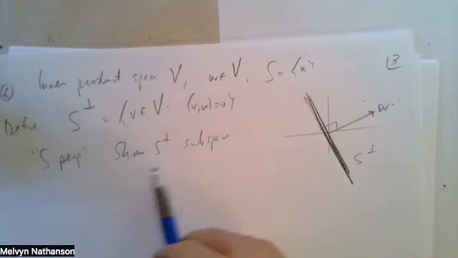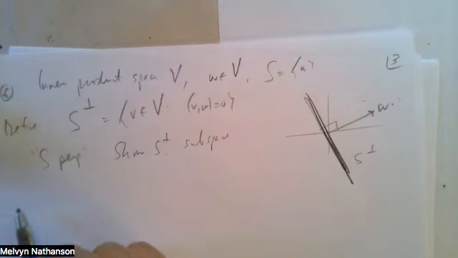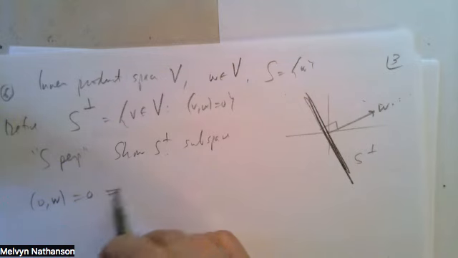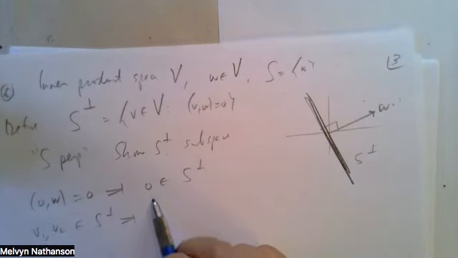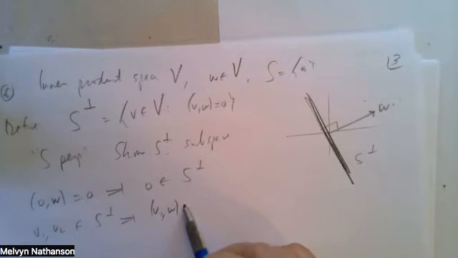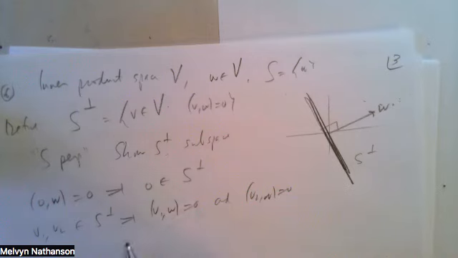So you just have to show that S perp contains 0, is closed under vector addition, and is closed under scalar multiplication. So first of all, the inner product of 0 with any vector is 0. So the 0 vector is in S perp. And if V1 and V2 are in S perp, that means the inner product of V1 and W is 0, and the inner product of V2 and W is 0.